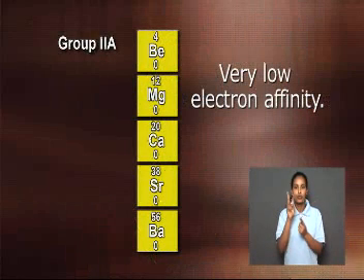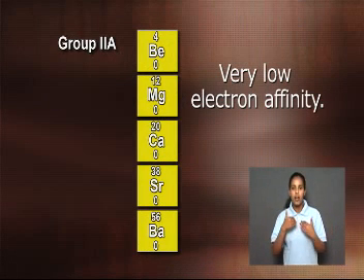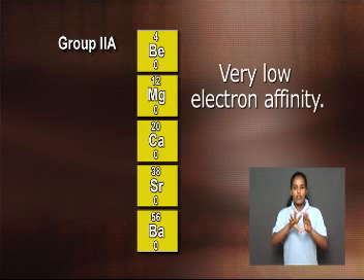Students, as we discussed in the last lesson, atoms that have a stronger effective nuclear charge have greater electron affinity. We can also make some generalizations about electron affinity based on certain groups in the periodic table. For example, Group 2A elements, which are also referred to as alkaline earth elements, have very low electron affinity.